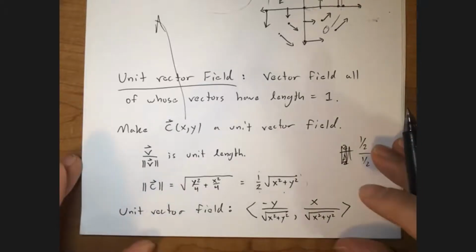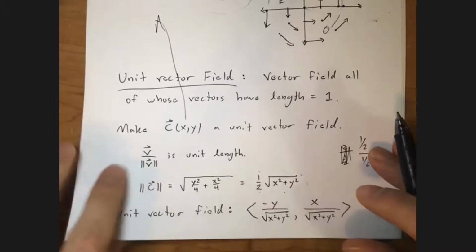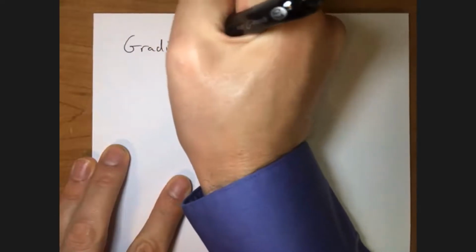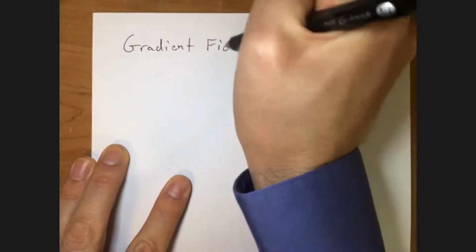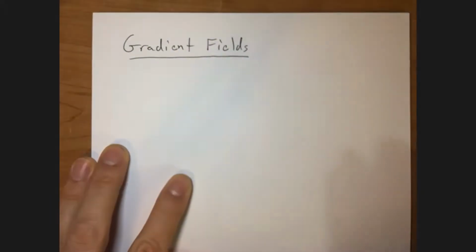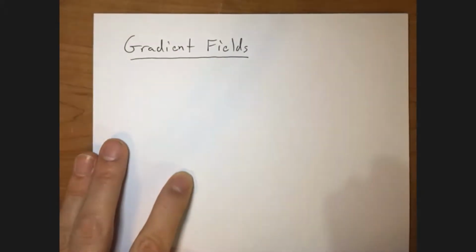One other thing that we can do with vector fields, or talk about involving vector fields, are gradient fields. These are special kinds of vector fields. And these are very important. Some vector fields are gradient vector fields. Remember what gradient means.